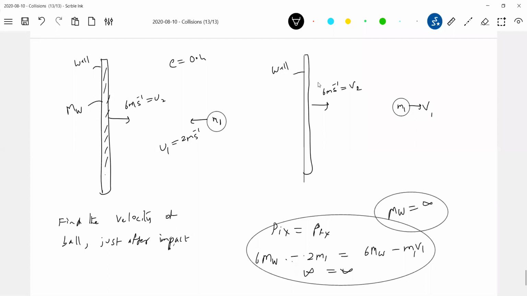So how do we deal with this problem? The coefficient of restitution is the only formula which is going to help us here. So here we'll bring in the idea of the line of impact. Shall we call this red dotted line the line of impact? How to define the line of impact?